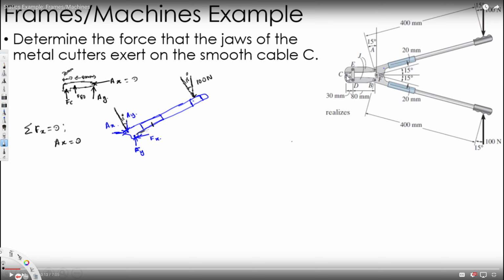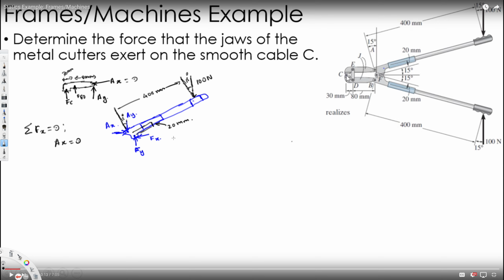This is from here, it's 20 millimeter. So that's all we need to know. And also this distance is 400 millimeter. That's all we need to know.